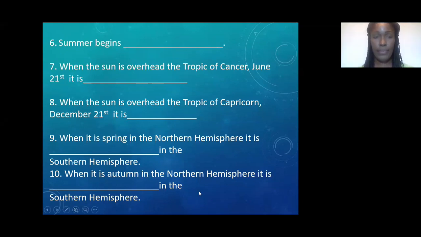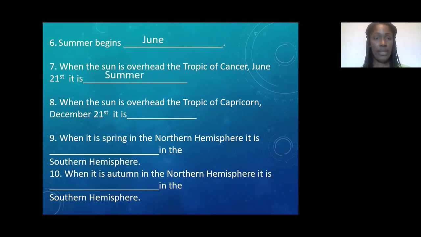Okay, if you're not done, you can just jot down the answer as we go, because I see 1 or 2 persons know what's going to happen next, and we want to get to our next portion of this lesson. Summer begins in June. That is correct.